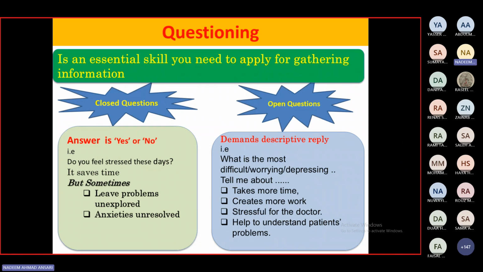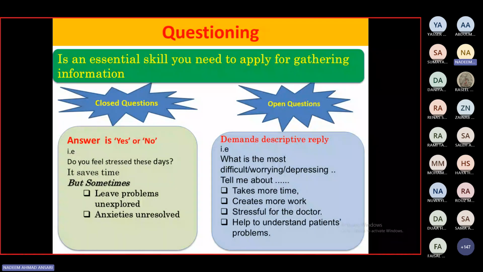So questioning, like I mentioned in the initiation of the session, is an essential skill which you need to apply for gathering information. How will we gather the information? As I informed before, there are two types of questions: open-ended questions and closed-ended questions.